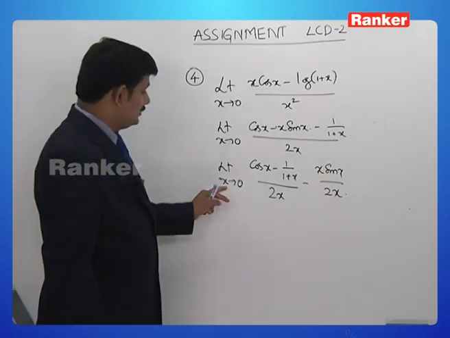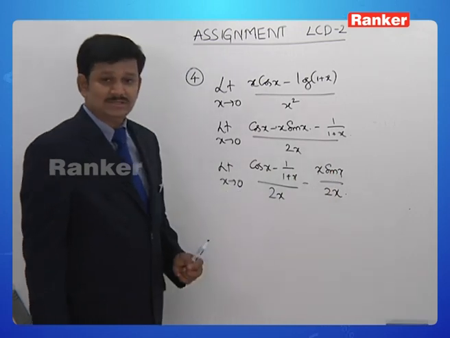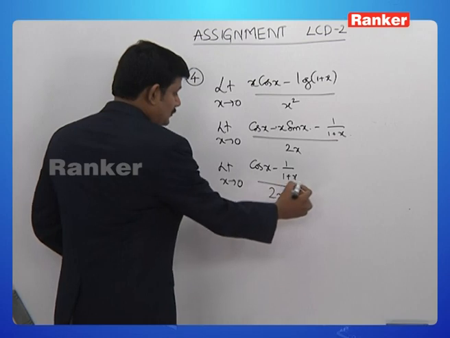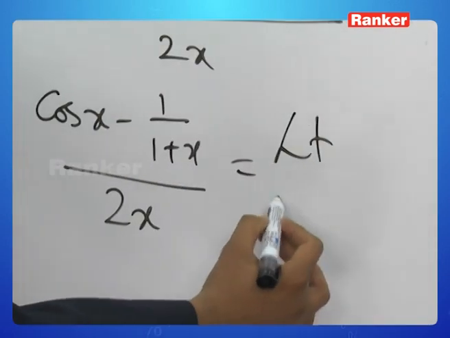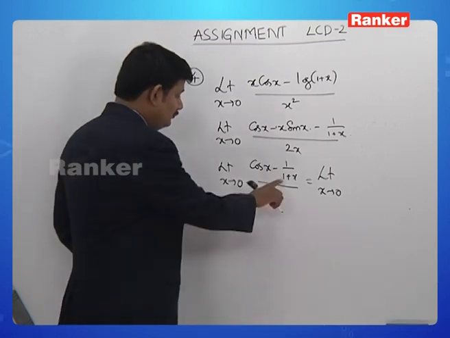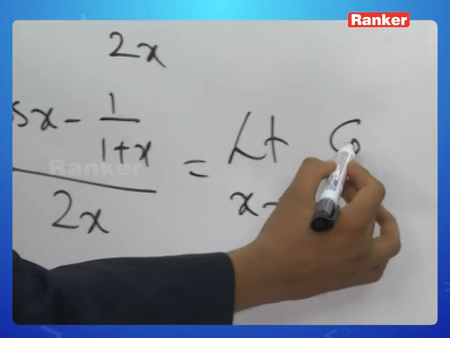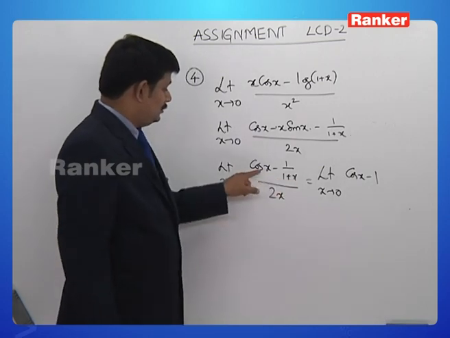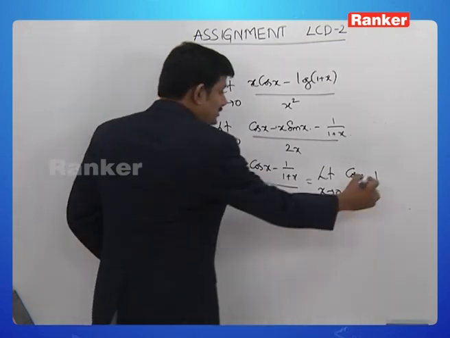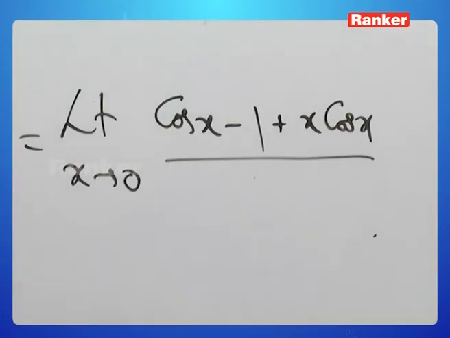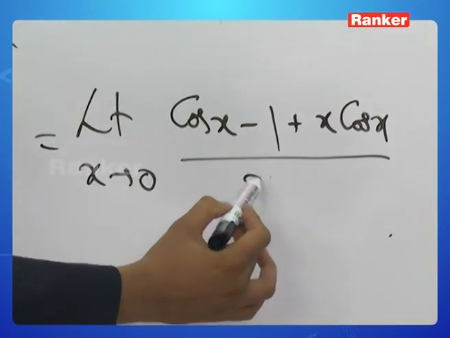So limit x tends to 0 of x sin x by 2x is 0. Now let us evaluate the next part. This limit we can write as limit x tends to 0, take LCM, cos x minus 1 plus x cos x divided by 2x.